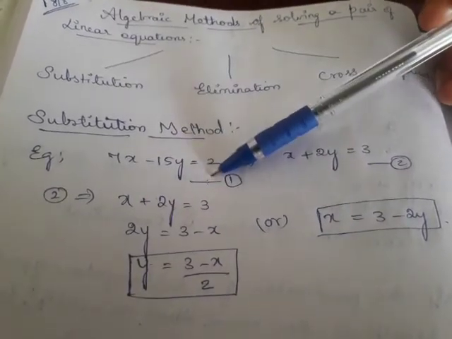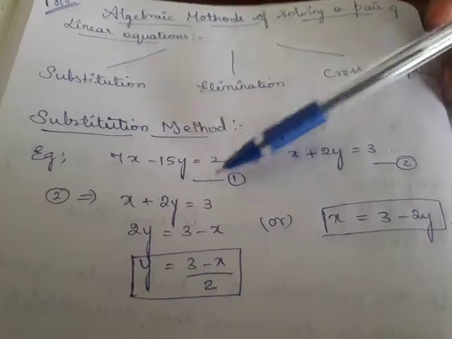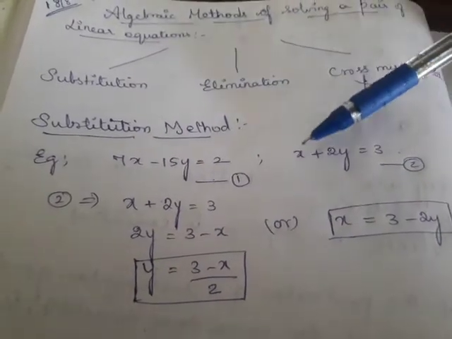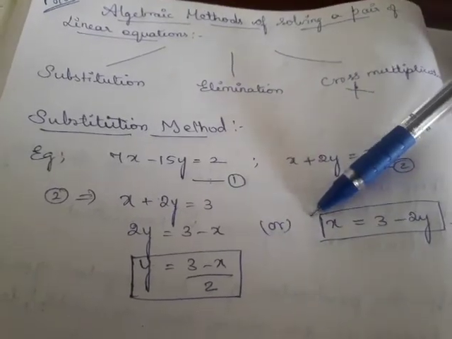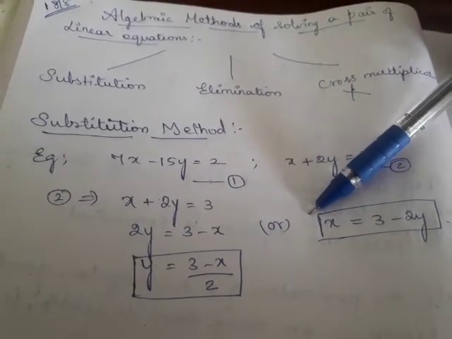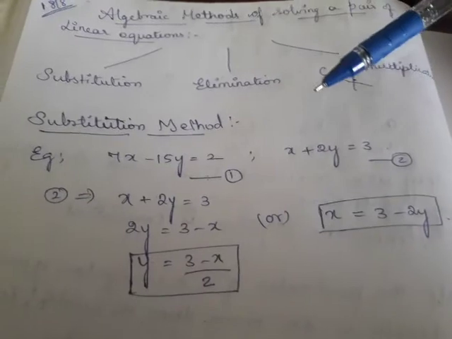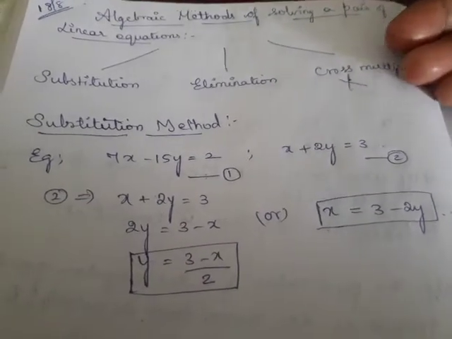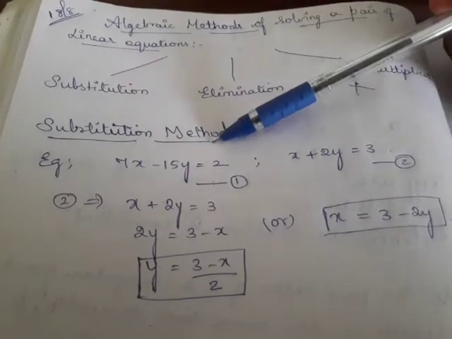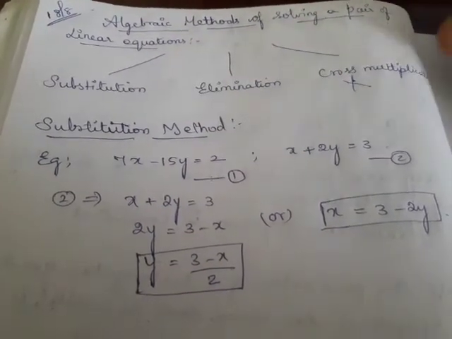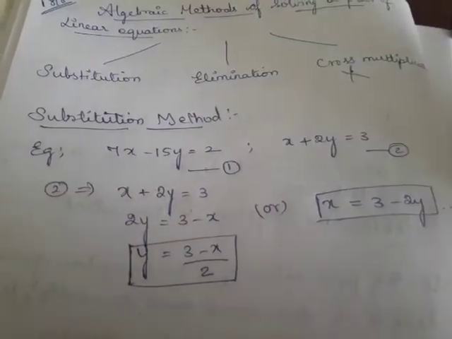Once you know the value of y, substitute in any of these two equations or here itself, so that you will come to know what is the value of x. Thus we can find the value of x and y. So this is the method to solve a pair of linear equations using substitution method. Let us solve few problems based on this method.